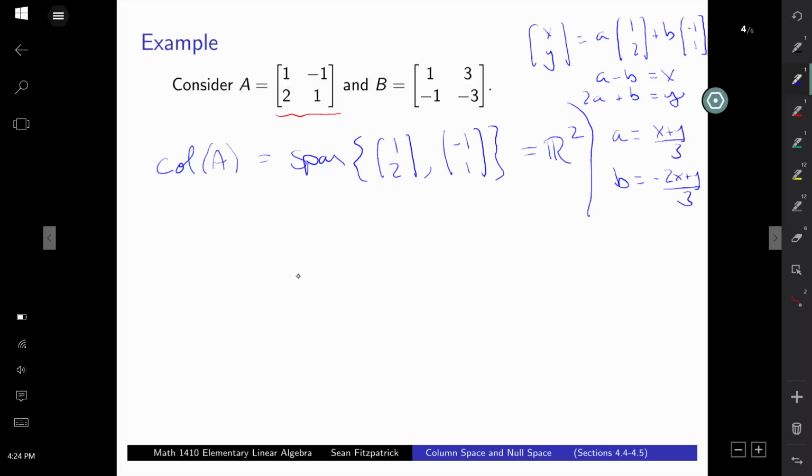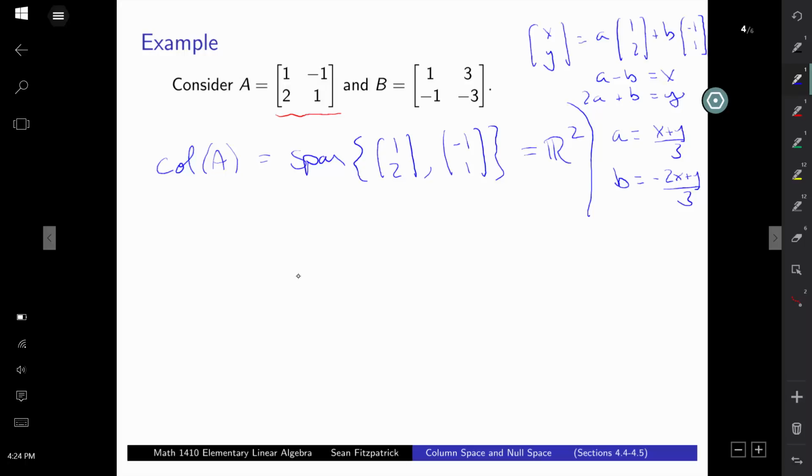If I do (x plus y) over 3 and I subtract that, yes, that works out. Okay, right. So you can always solve this, and not only can you always solve it, you can actually solve it uniquely. That's the only possible solution in this case. So the span of these two columns is all of R2, because whatever x and y happen to be, I can find a and b, so every single vector is in the span.